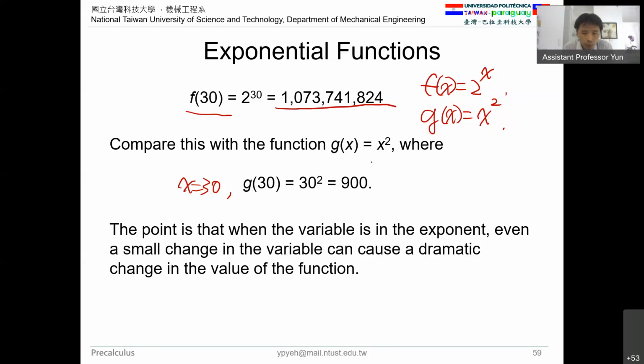In the case of g of x, the result is only 900. So you can see the difference of x being in the exponent versus being the base.